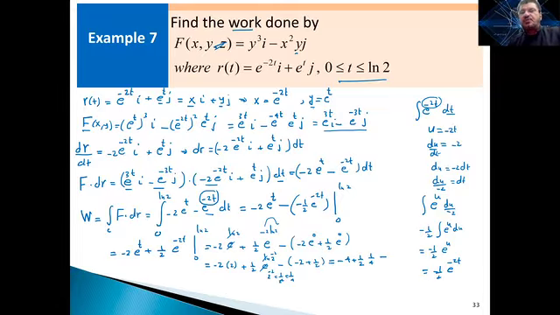Minus, now minus 2 plus half is going to be minus 3/2, times minus, so plus 3/2. And this is equal to minus 4 plus half plus 1/8 plus 3/2.